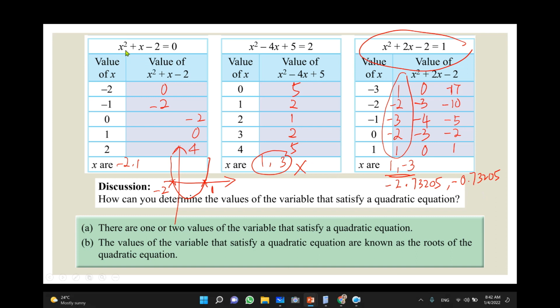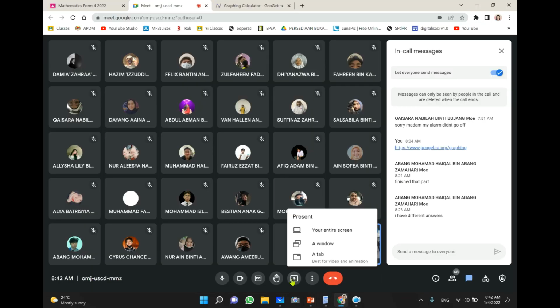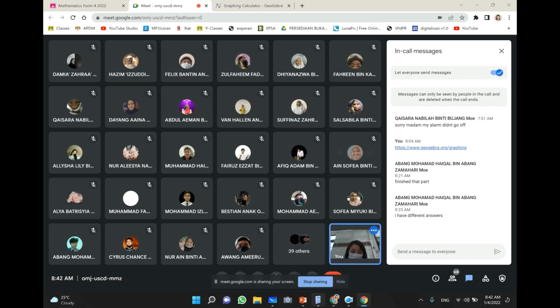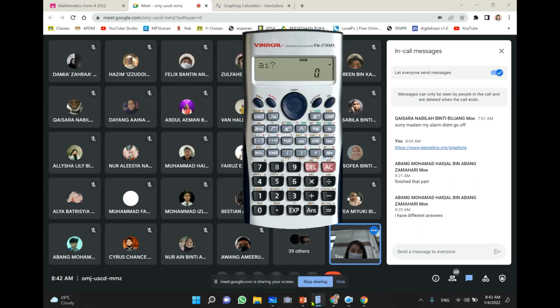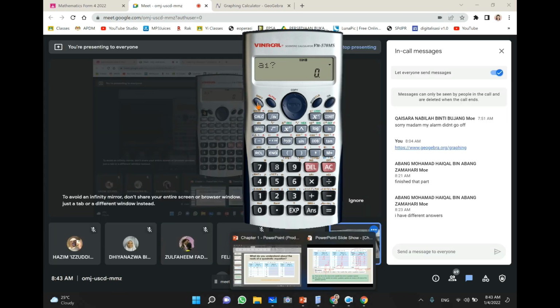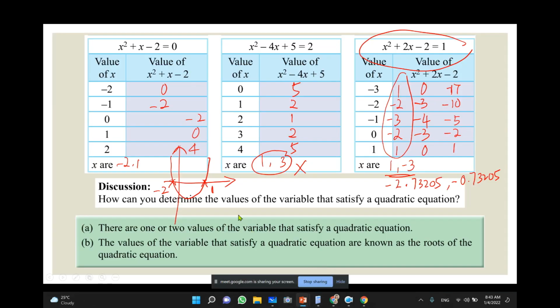You can try with this x squared plus x minus 2. I'm sharing the screen here. Okay, try with this one, x squared plus x minus 2.